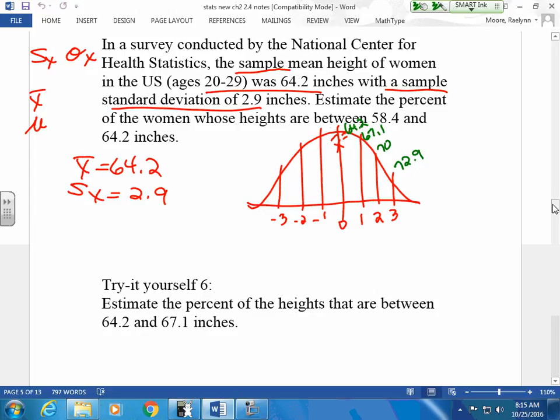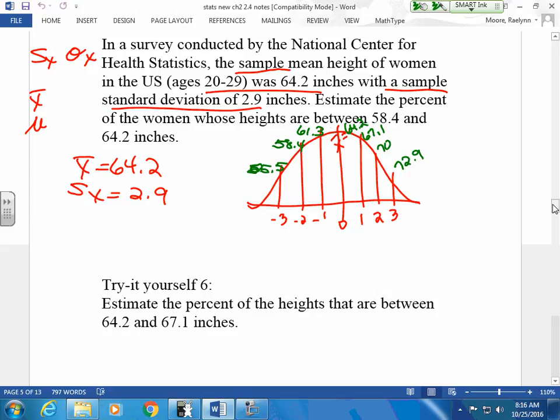72.9. When you go the opposite way, subtract. Take 64.2, subtract 2.9. 61.3. Subtract another standard deviation away. This is the easiest way to do this. Subtract another standard deviation. If you had had me for Algebra 2, this is how I do my standard deviations.